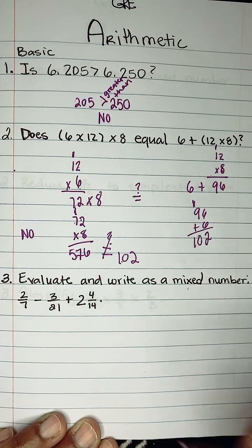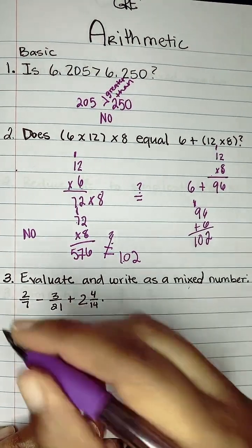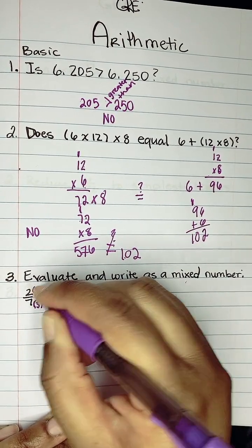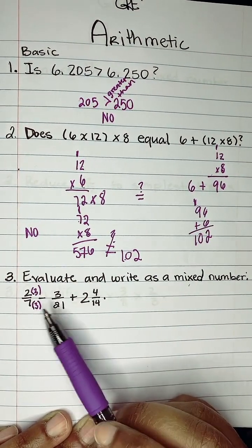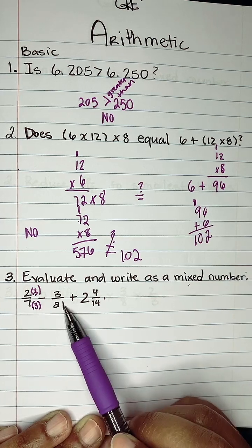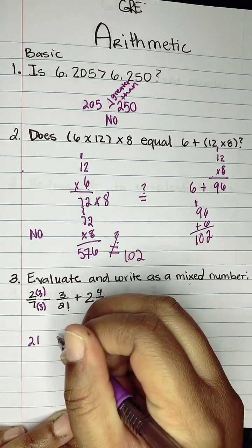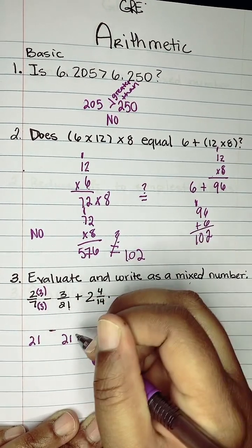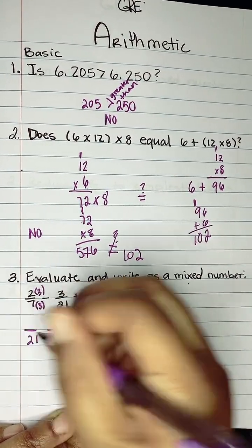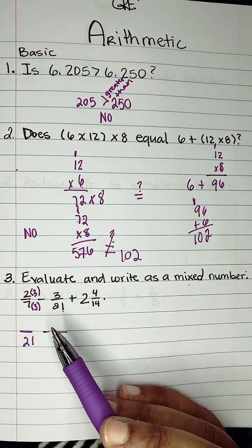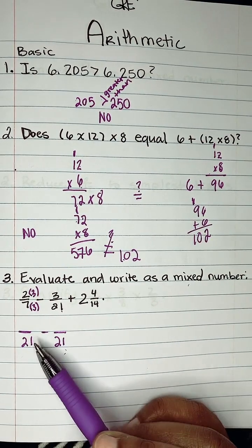So what we're going to have to do is we're going to multiply this by 3. Now, let me explain why we're multiplying this by 3. We want them to be the same bottom. So we want them both to be 21. Because that's called the least common denominator.